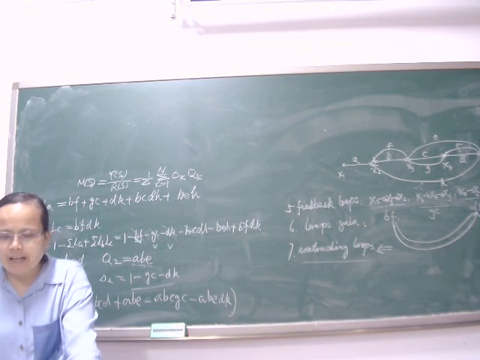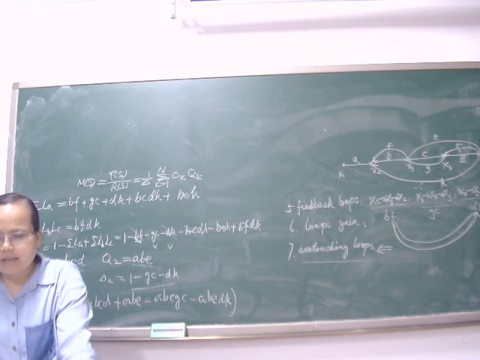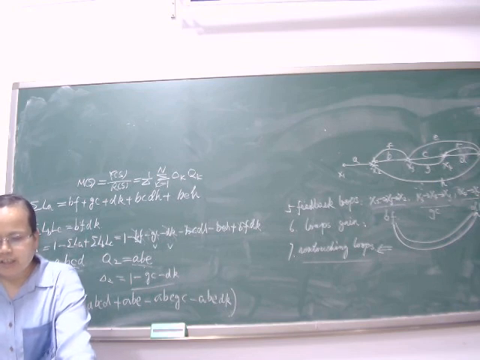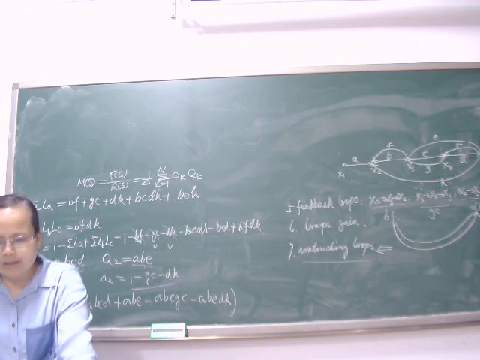The time function is delta, and R is 1. The unit step is 1, then R is 1 by S. For the ramp, the input is t, and R is 1 by S squared.